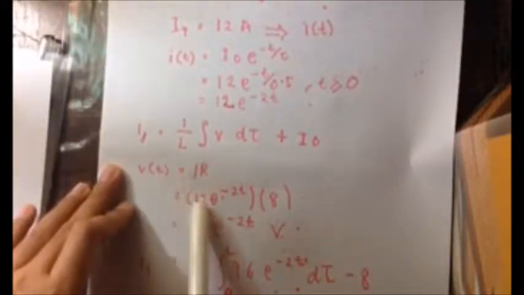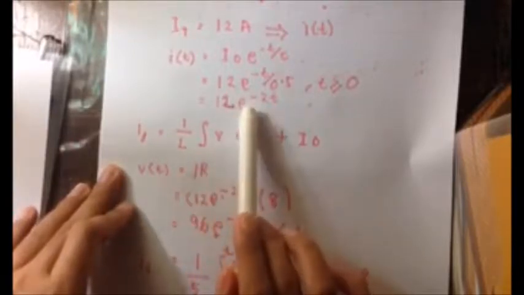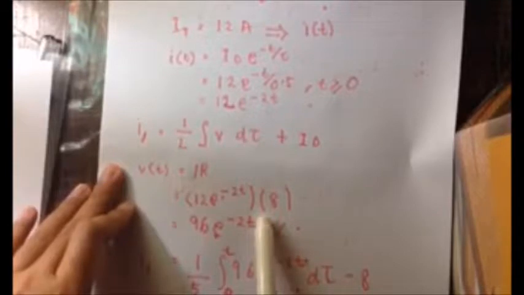The I we get from IT, and R we get from the R equivalent. After that we get Vt is equal to 96 e^(-2t) volt.